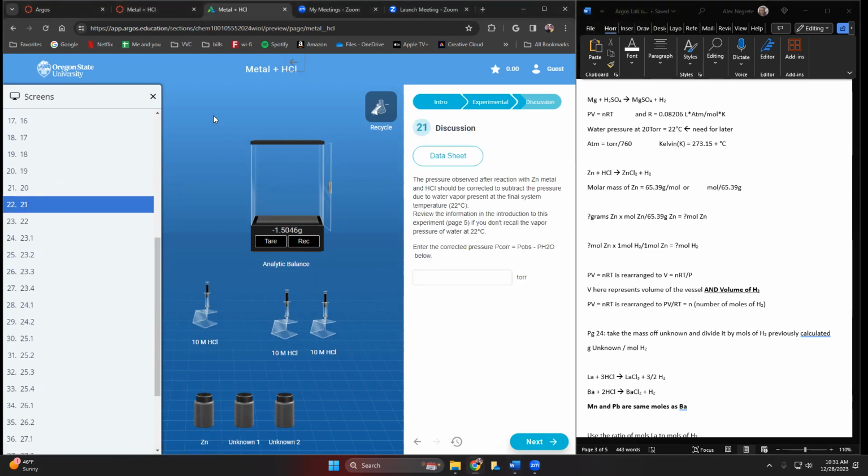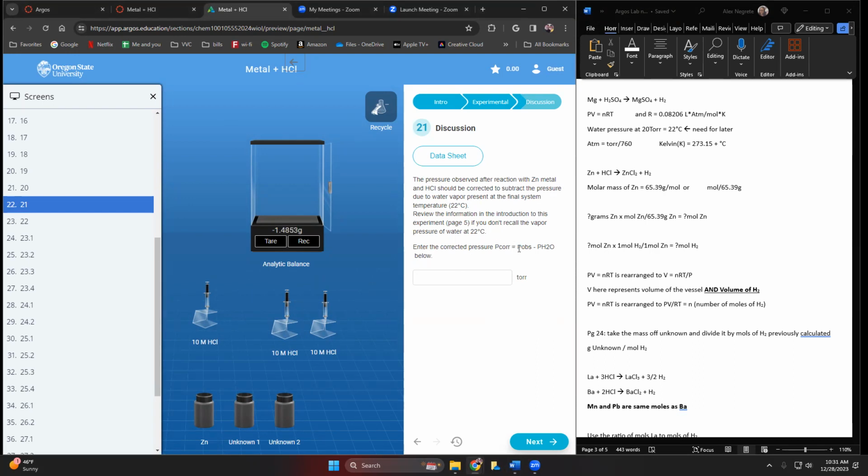Now, something we don't talk about in the lecture or the units is we have to, because the water itself creates pressure, some vapor pressure, we have to make a correction for that. So we're assuming it's at 22 degrees Celsius, which gives us a pressure of 20 torr that we have to correct for.